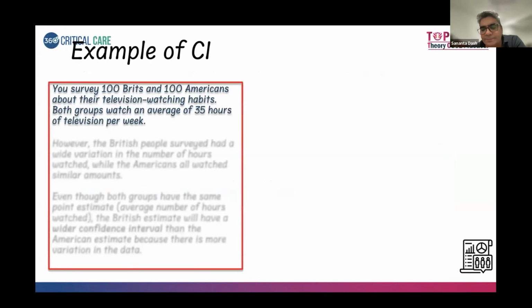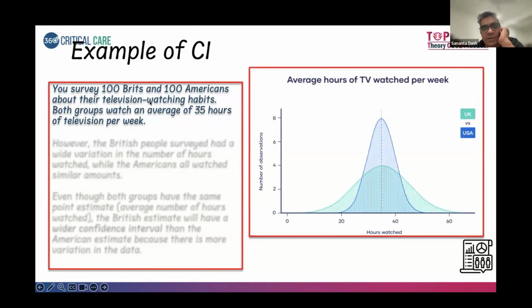Now, an example: you survey 100 Britishers and 100 Americans about their television watching habits. Both groups watch an average of 35 hours of television per week. So the mean for both populations is the same, but the groups are not the same. If you look at this distribution, the green are the Britishers and the blue are the US people.